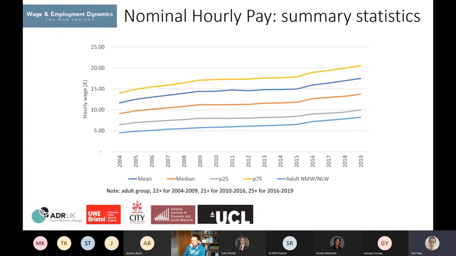Over the same period, the earnings at the lower quartile and upper quartile rose by similar percentages, roughly around 50% more or less. And the minimum wage has risen from £4.50 in 2004 to £8.21 in 2019. That is a rise of 82%.